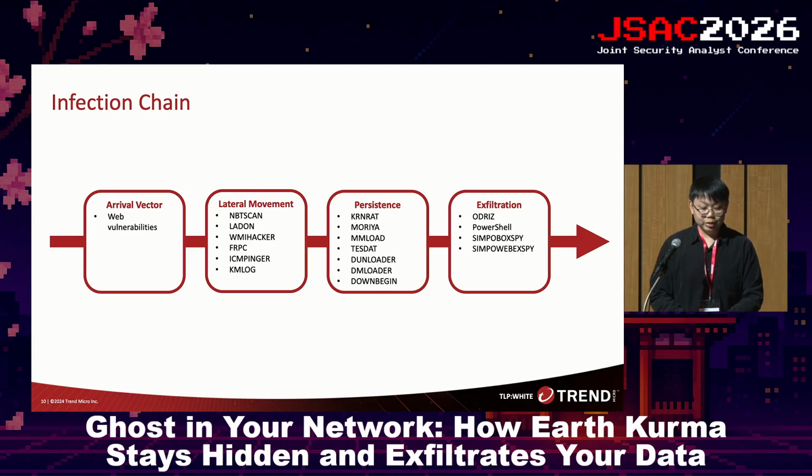To maintain persistence, they deploy some kernel rootkits like KRNRat, Moriya, and mmload to hide their footprint. They also use backdoors like testdate and downbegin. In order to exfiltrate data, they use customized tools like SimpleBoxSpy and SimpleWebExSpy. We'll go into detail of each stage later in the presentation.